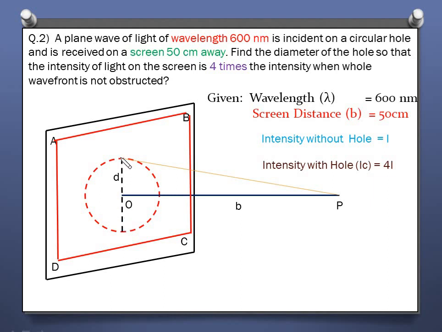Now you just connect the circumference of the circle with the point P, and we have to find out D.